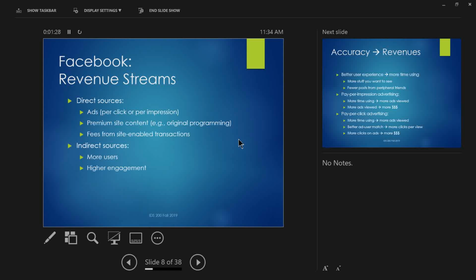But if Facebook can recognize who you are and what sort of things you like, and they can target those ads, they might get numbers anywhere from like 3 to 5%, at the upper bound of ads that actually end up in clicks and purchases. So if they can do higher engagement, both in terms of time, and in terms of the quality of content they're showing you, they can make more money that way too. Okay, so those are both multipliers.